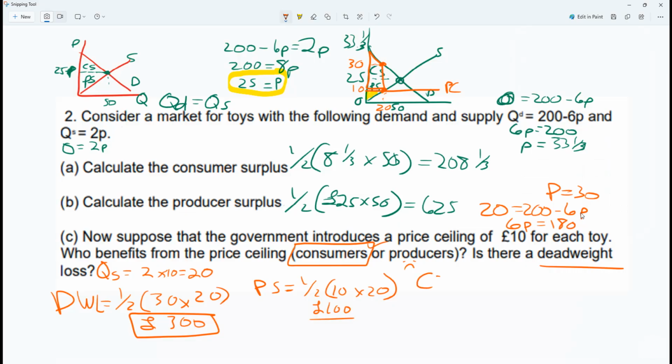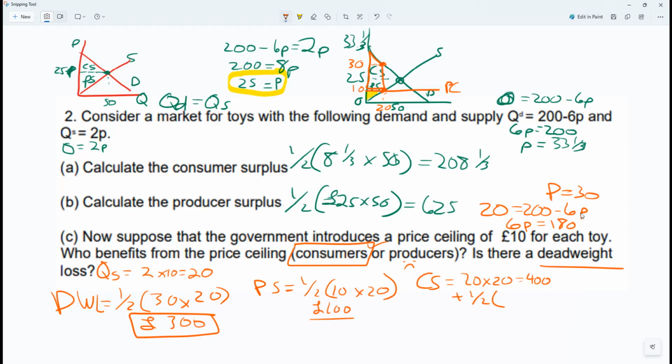All right, and then consumer surplus is 2 pieces. So let's do the rectangle part. It's 10 up to 30, okay, on 20 units. So that would be 20 pounds times 20 units. So that would be 400. And I'm going to add that to the triangle part, which is 33 1/3 minus 30.